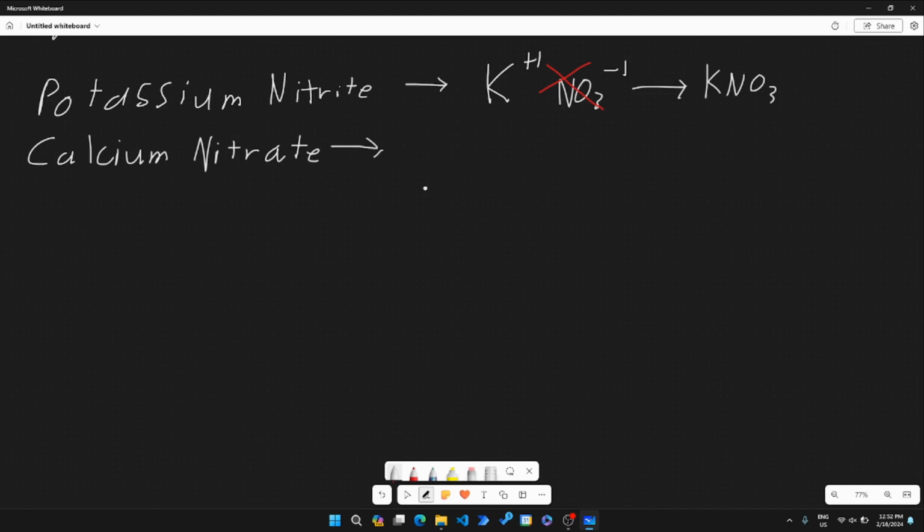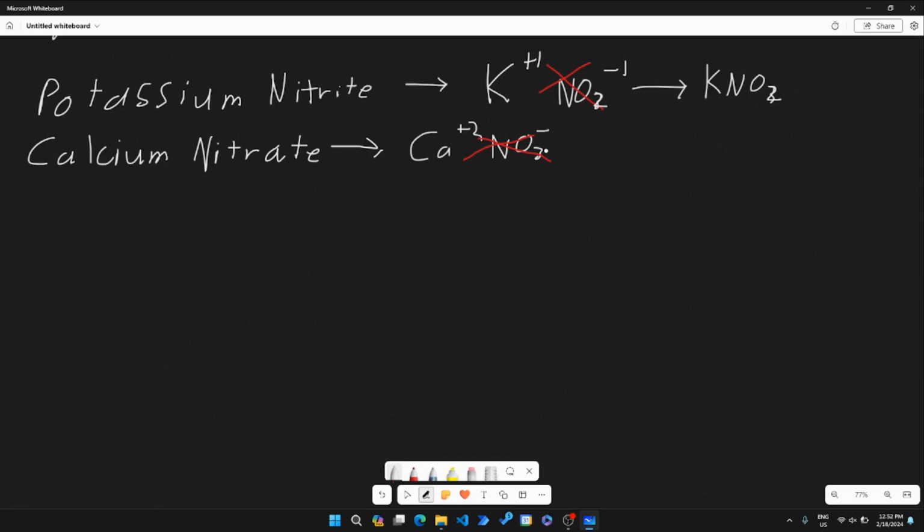And if we look at this, we have calcium, and we have nitrate, which is NO3. Oh, sorry, nitrite is NO2. Nitrate is NO3, which is -1, and calcium forms a +2. So then the 2 goes to the end here, and the minus goes here.